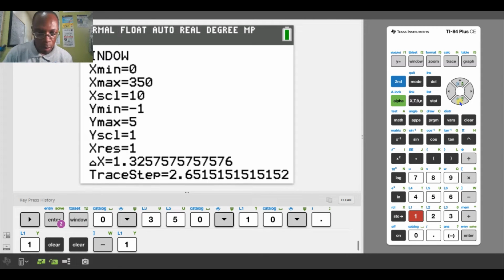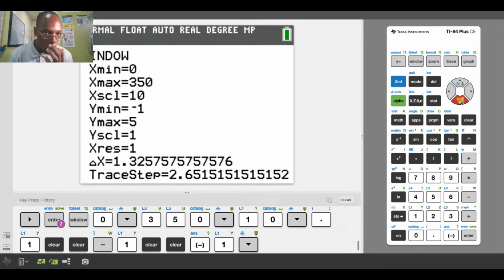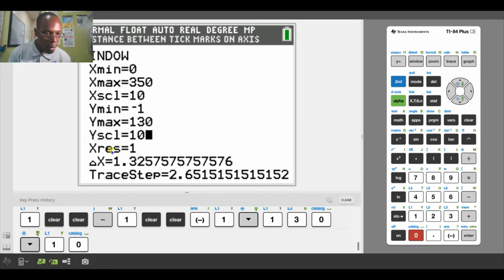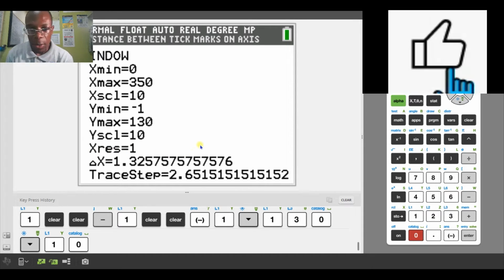Let's do it properly. The maximum y, we started off at 120, so I'm going to put maybe 130. And then the scale, how we are counting on the y, we can count by 10. We don't need to worry about anything else.